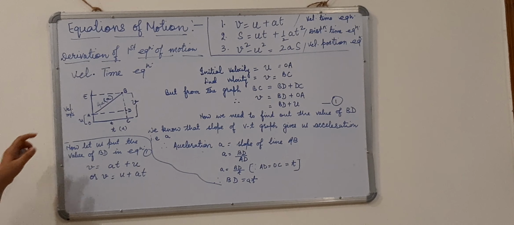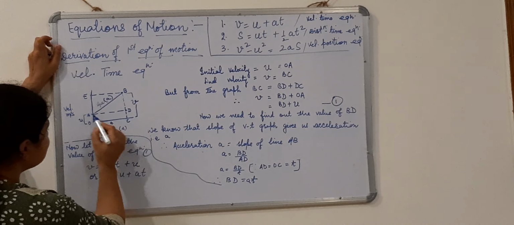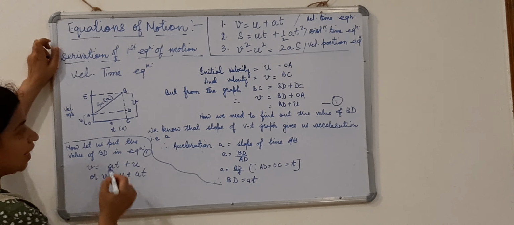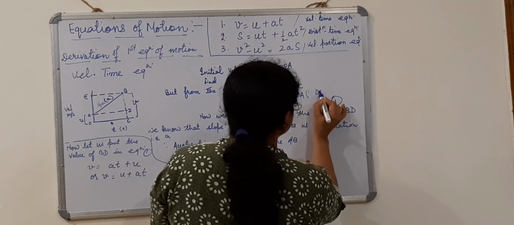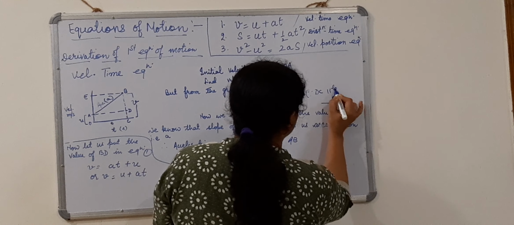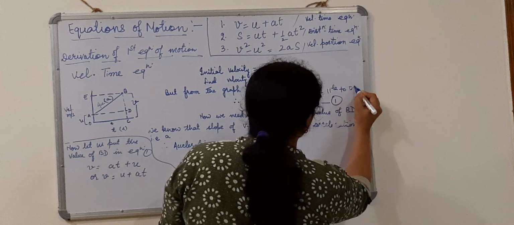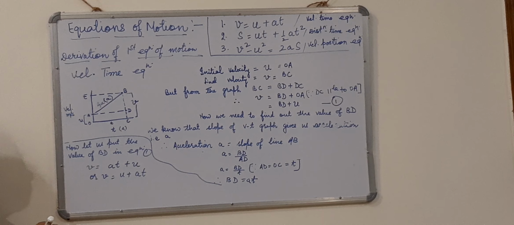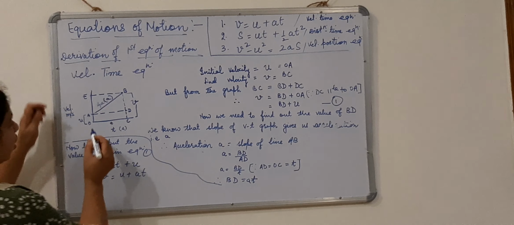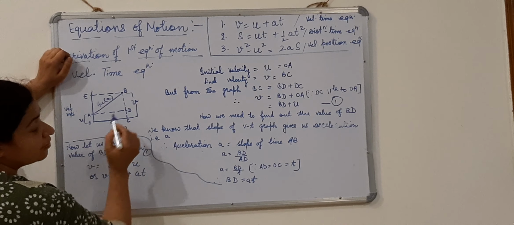But how do we know the name of DC? Because DC is parallel to OA. So whatever is the value of OA, that will be the value of DC.